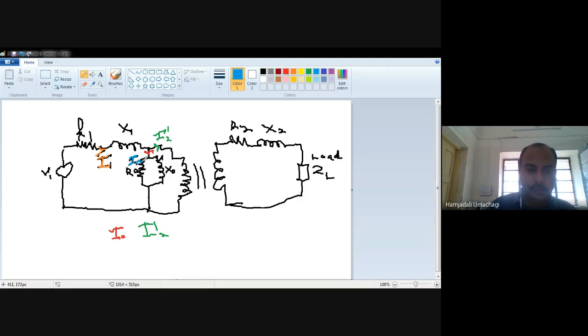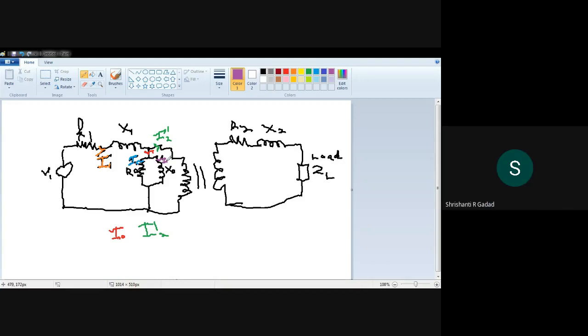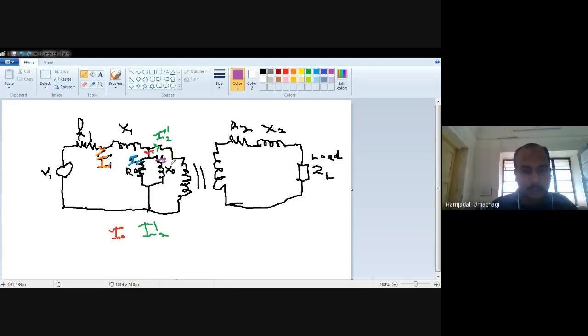IC is flowing through R0, and this lavender color, here this current is IM. What is IM? Magnetizing current, sir. Very good.